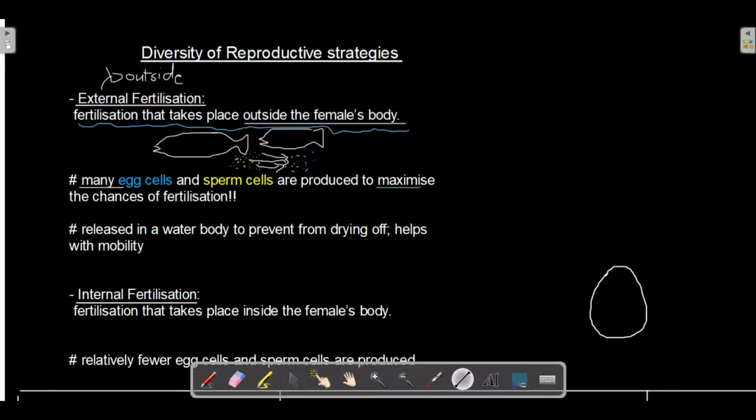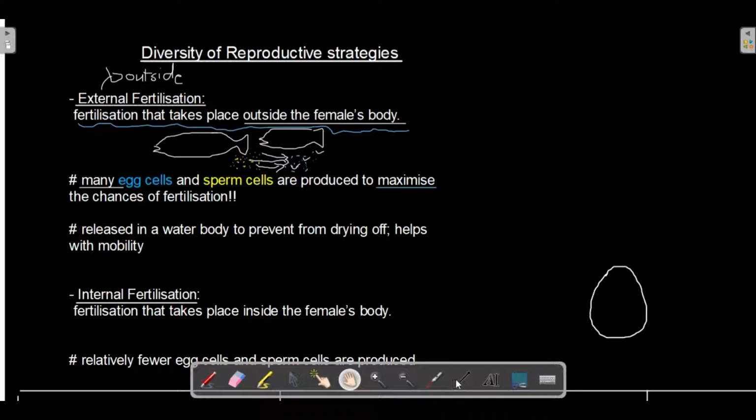So the reason for that is to maximize the chances of fertilization, because if there are many sperm cells and egg cells, many might not fuse, but you will have some of them that will indeed fuse together and result in developing embryos. Okay, so that of course will prevent extinction and will help with the continuance of this species, right?